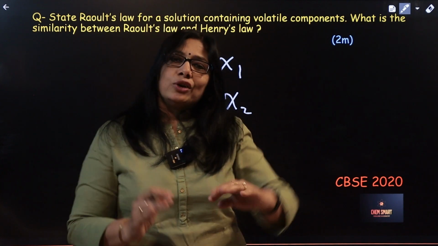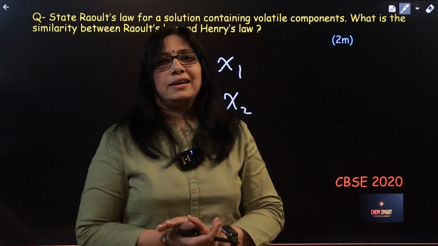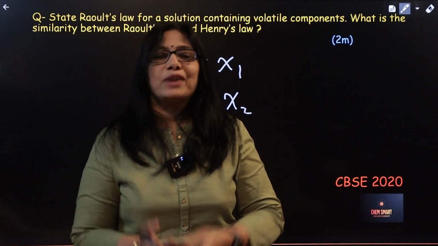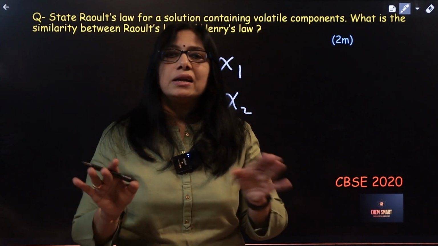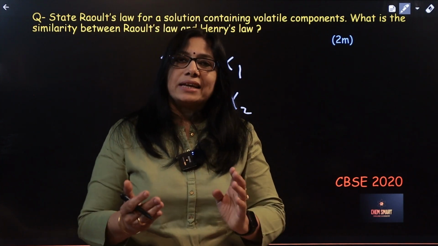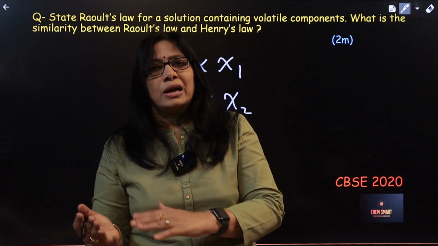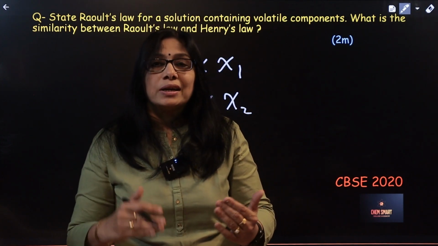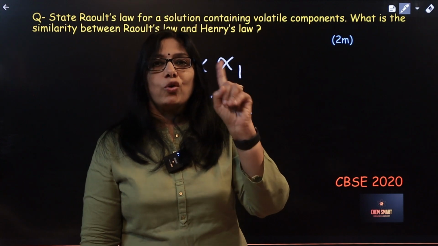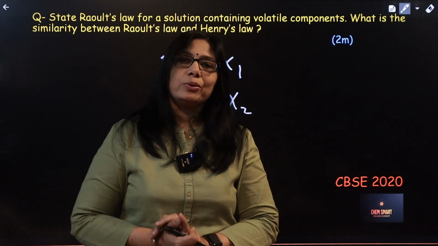Only the thing is that for Henry's law, that volatile component is a gas, and in Raoult's law, that volatile component is a liquid. That's the only difference actually. Okay. So we can say that basically both Raoult's law and Henry's law are connected to what? Partial pressure of the volatile component and its mole fraction in the solution.